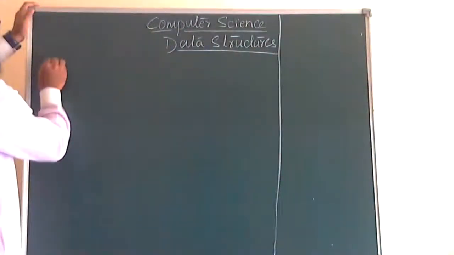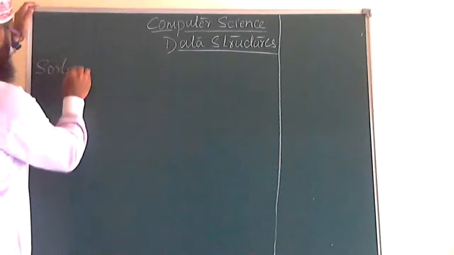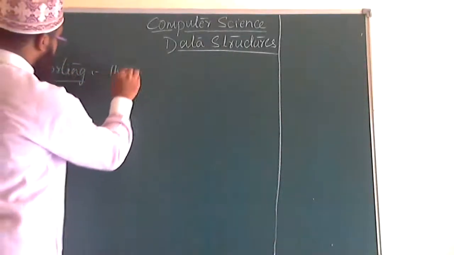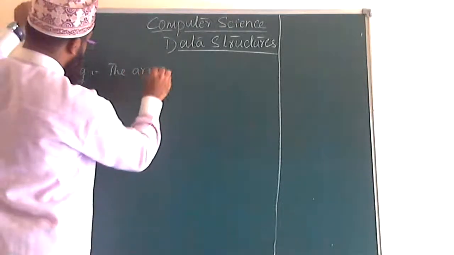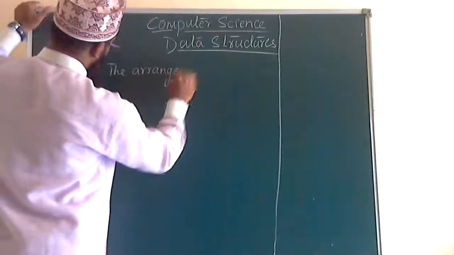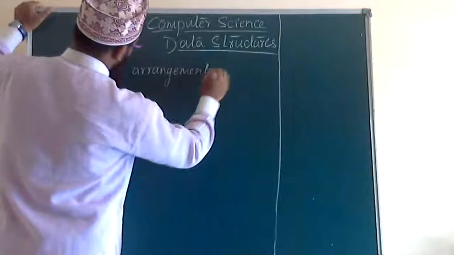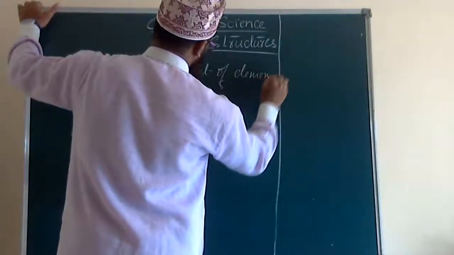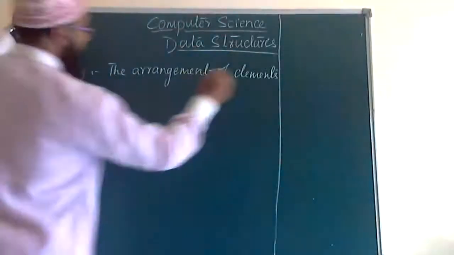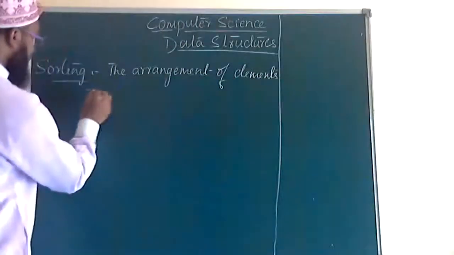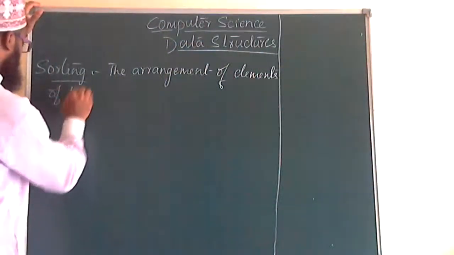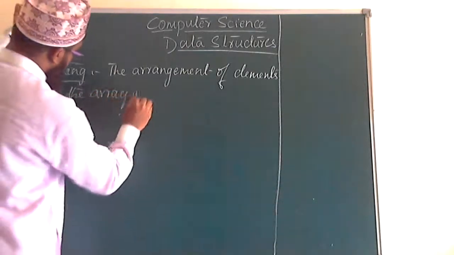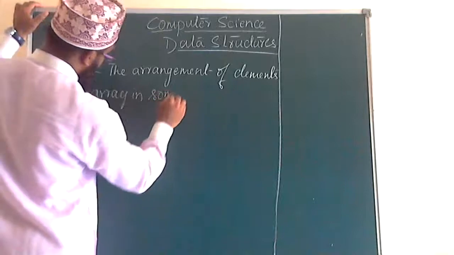What actually does sorting mean? Sorting means the arrangement of elements of the array in some order.